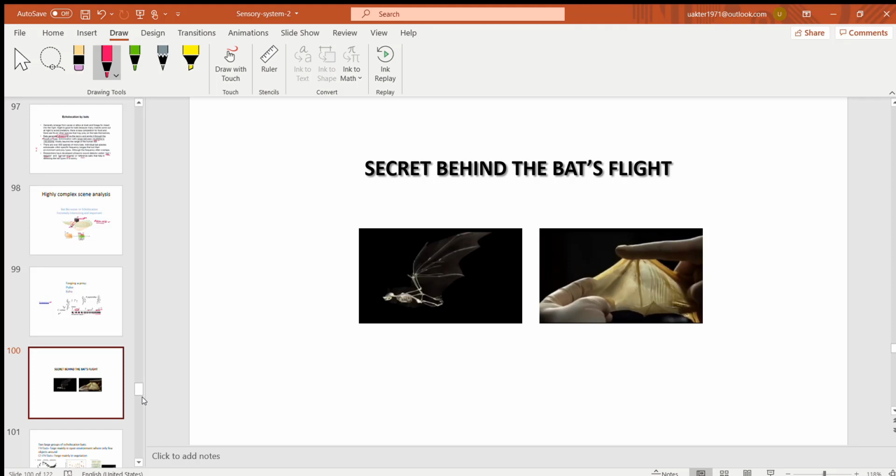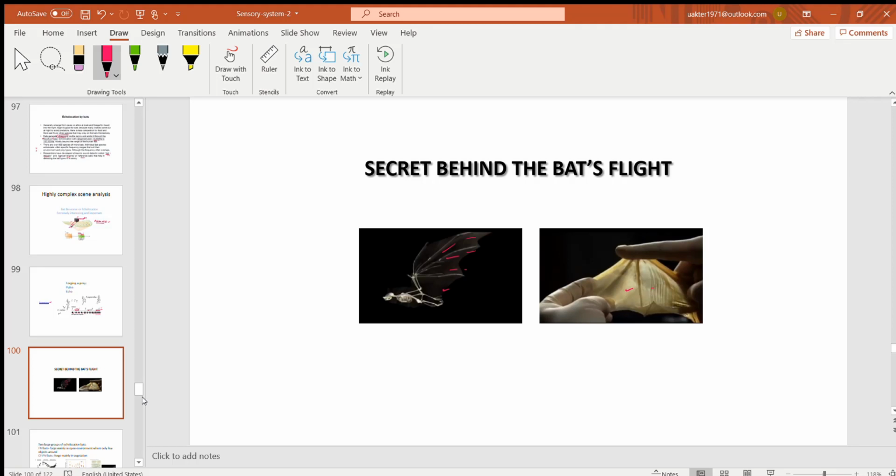This is something interesting. If you see the skeleton of a bat, you see the finger bones are so long, and that makes their wings very long, and this is the skin in the wing, which really can spread a lot and help them to fly without spending a lot of energy.